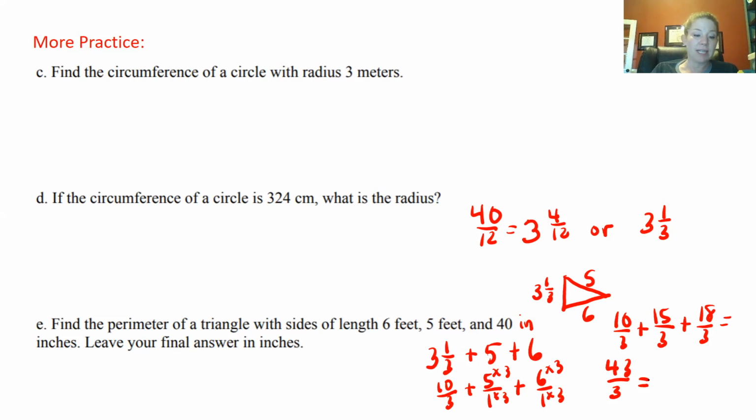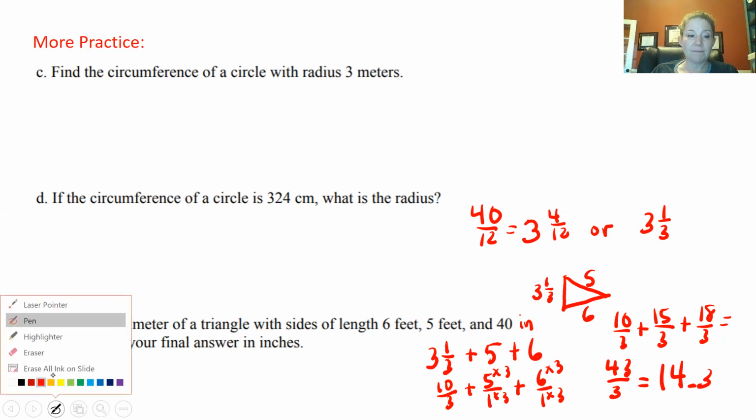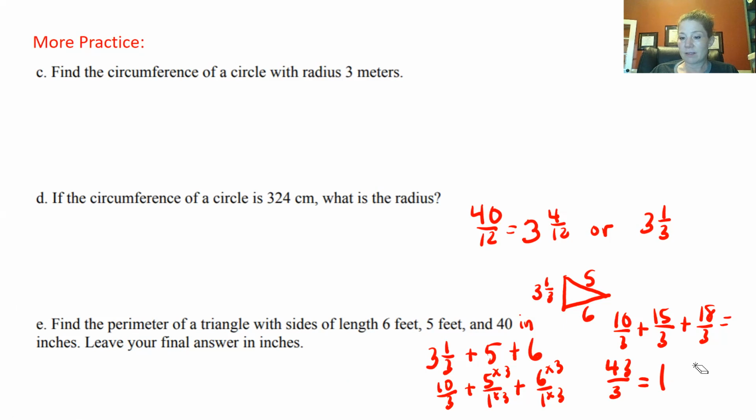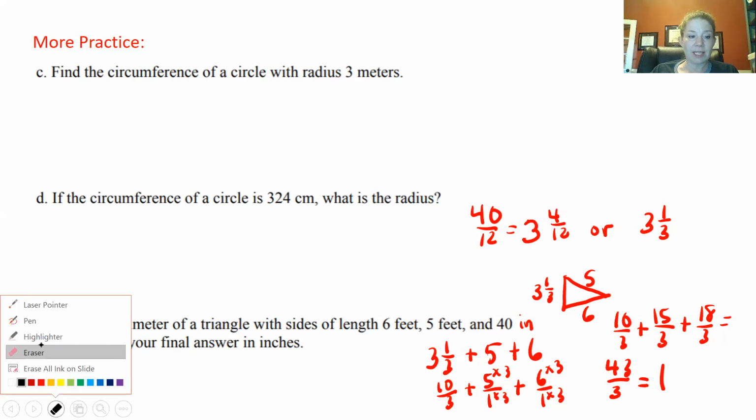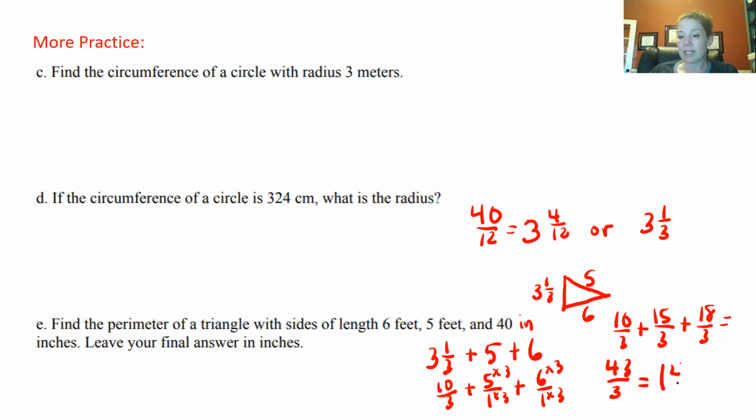Well, 43 divided by 3 would be 14. I could write it with a decimal, 14.3. We can leave it as 14.3 repeating, or we can leave it as 14 1/3 feet.